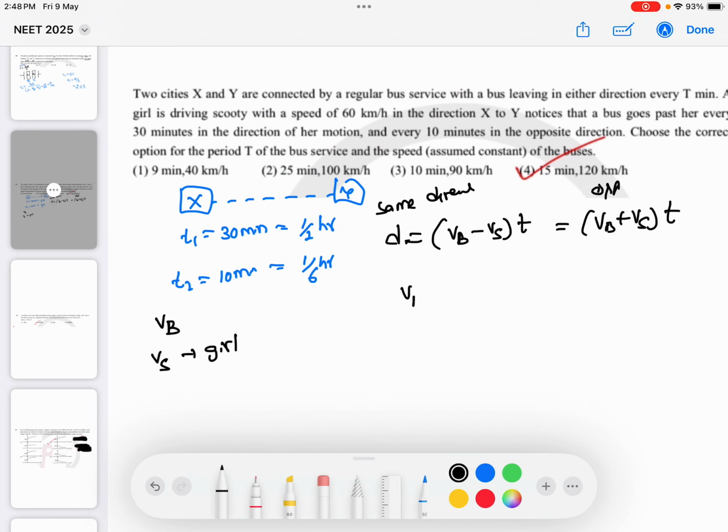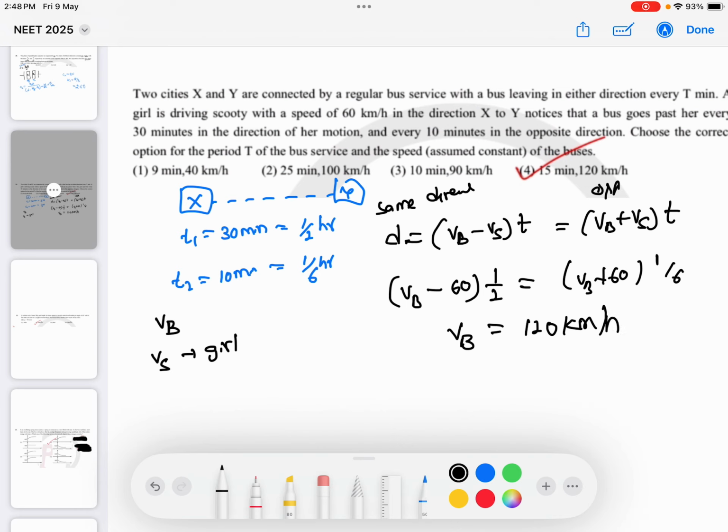So Vb value you don't know, Vs value is 60: (Vb minus 60) into 1 by 2 equals (Vb plus 60) into 1 by 6. On solving you get Vb equal to 120 kilometer per hour.